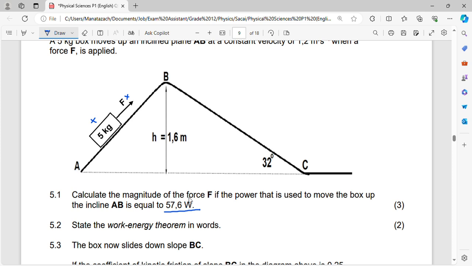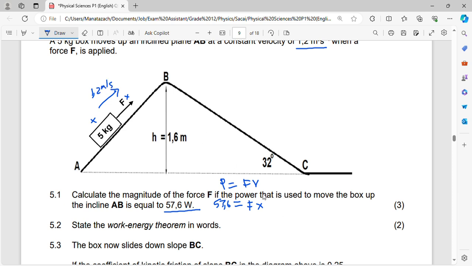So this is the power. From here we can easily calculate the force using the relationship between the power and the force, which is power is equal to force times velocity. Since the power is given as 57.6, we need to get the force. The velocity, remember, is 1,2, since the block is moving up at 1,2 meters per second.